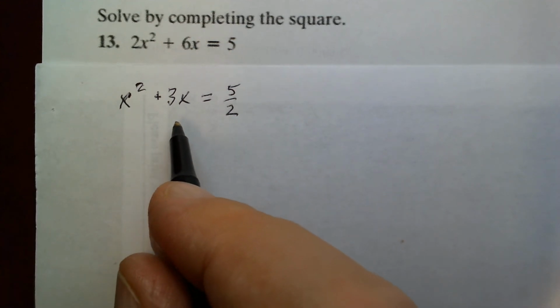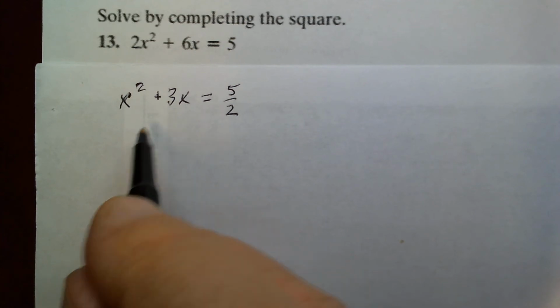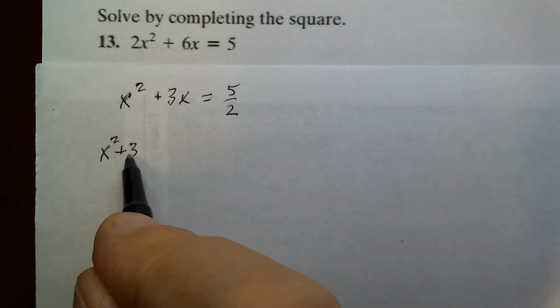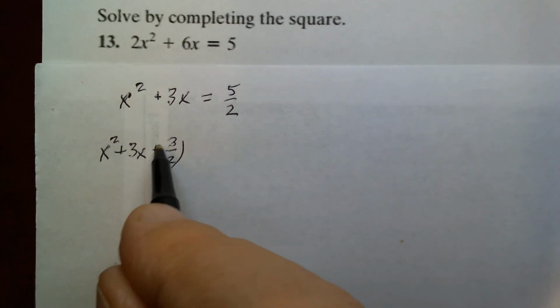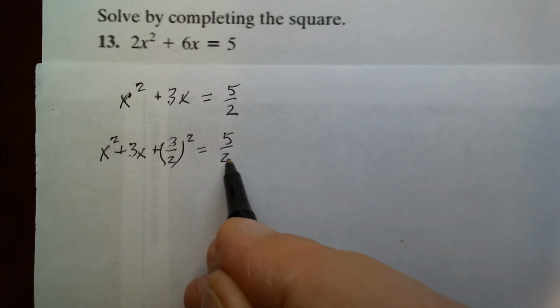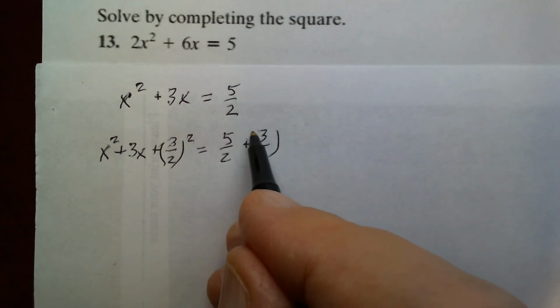Now, to complete the square on the left side, we divide the coefficient of x by 2, which would be 3/2. So x squared plus 3x plus 3/2 squared equals 5 divided by 2 plus 3/2 squared.